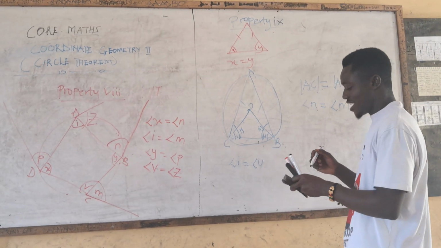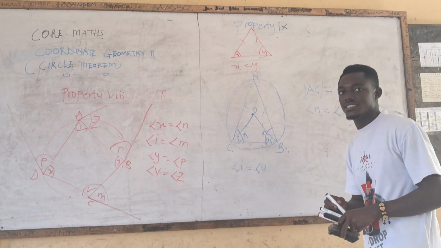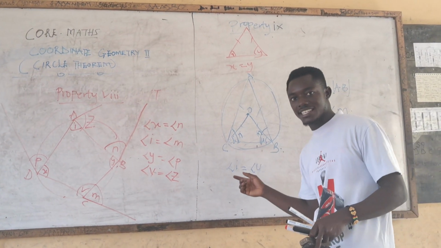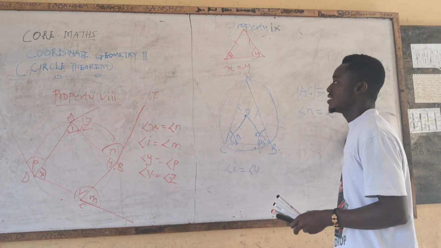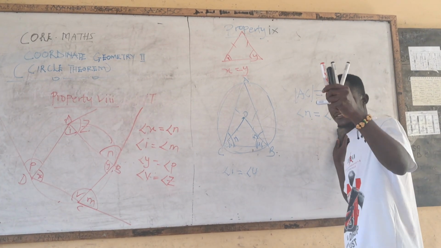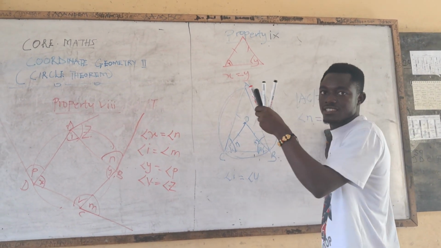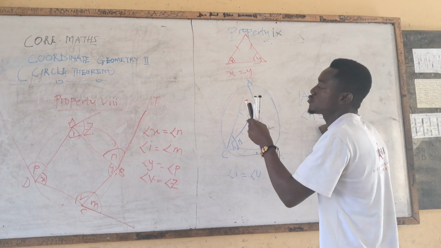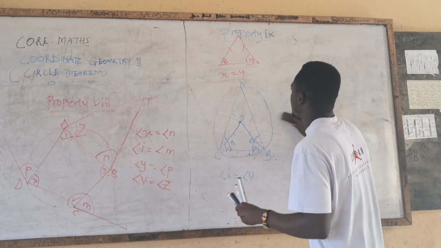And as usual, there's a property that supports this one: that the angle sustained at the circumference is twice the angle sustained at the center of the circle. If you have forgotten, kindly visit the previous video on circle theory, part 1, and revise.